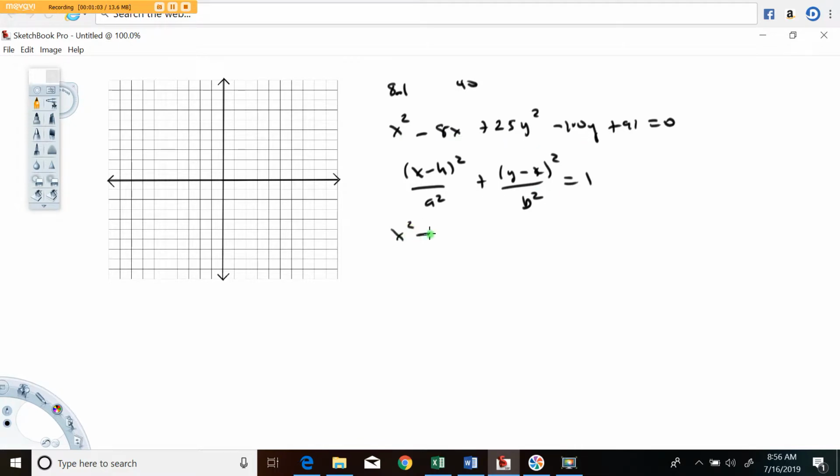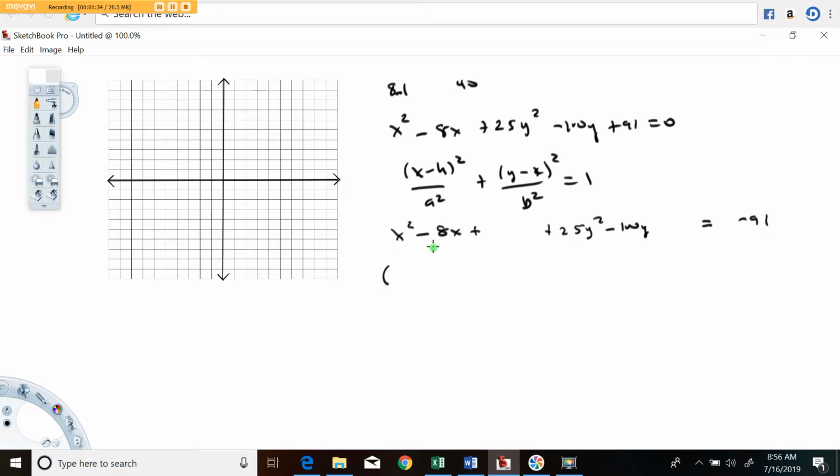We've got x squared minus 8x plus something, and 25y squared minus 100y plus something equals negative 91. Now we complete the square on the x terms.